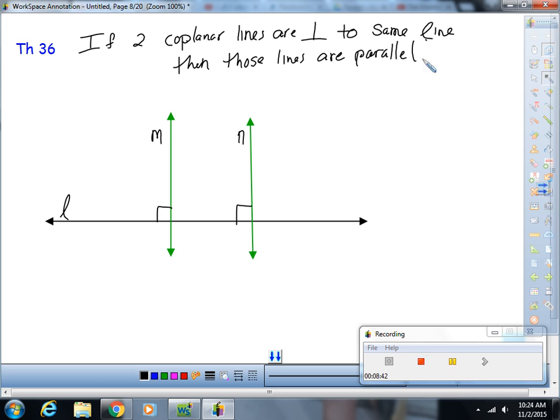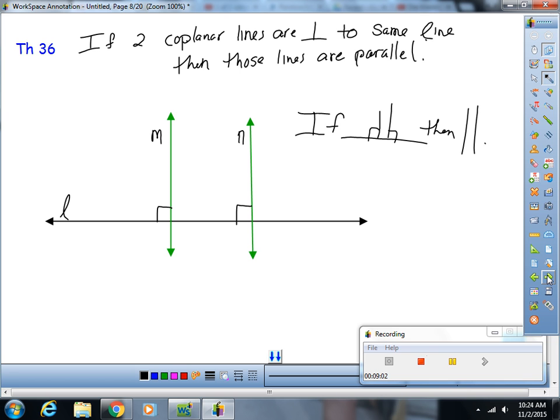We have a shortcut for this. So if 2 lines are perpendicular to the same line, then they are parallel to each other. That's the 7th theorem of the day.